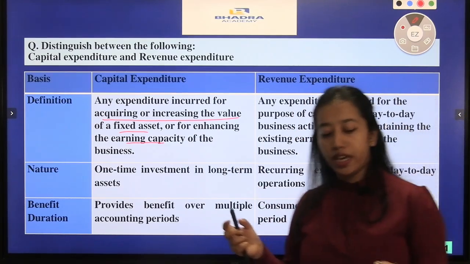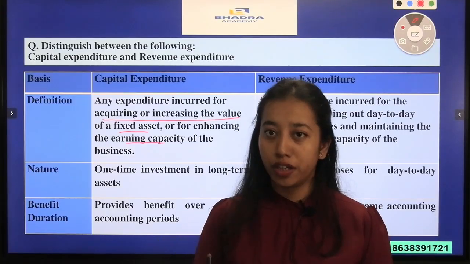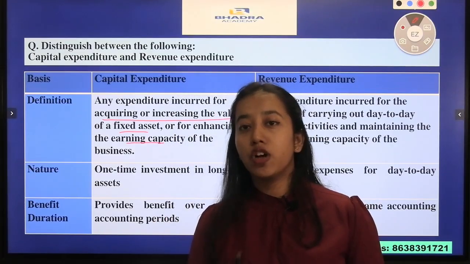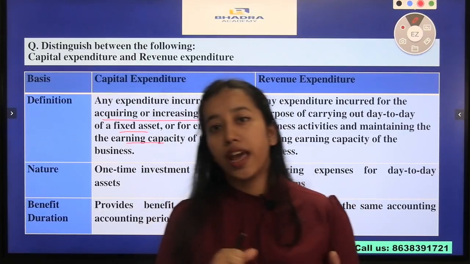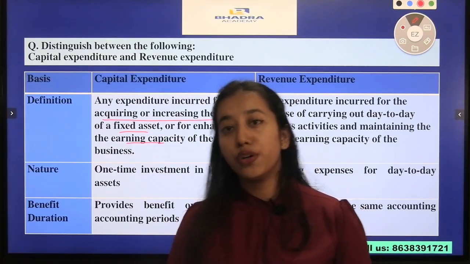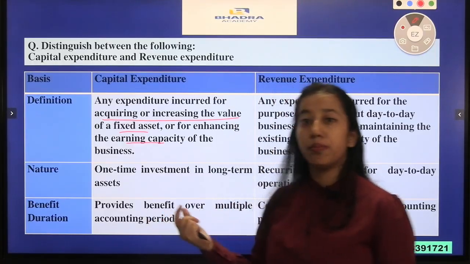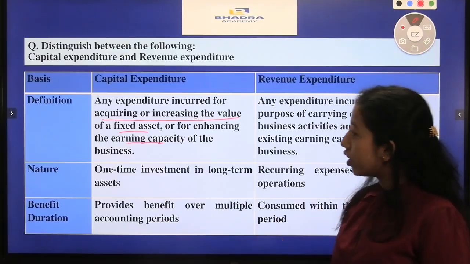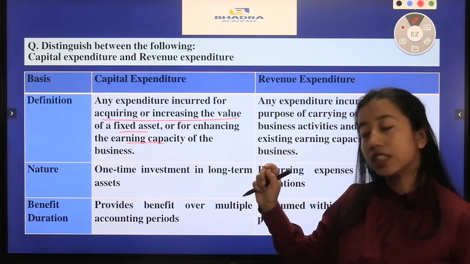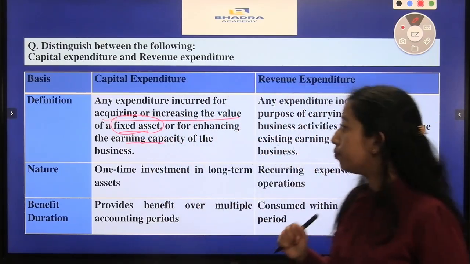Suppose a business buys machinery, it will increase the earning capacity of the business because it will produce more goods, and the selling of those goods will earn more revenue for the business. So that becomes a capital expenditure. An example is buying of machinery. That is why it is said any expenditure incurred for acquiring or increasing the value of fixed assets. So capital expenditures are mostly concerned with fixed assets.